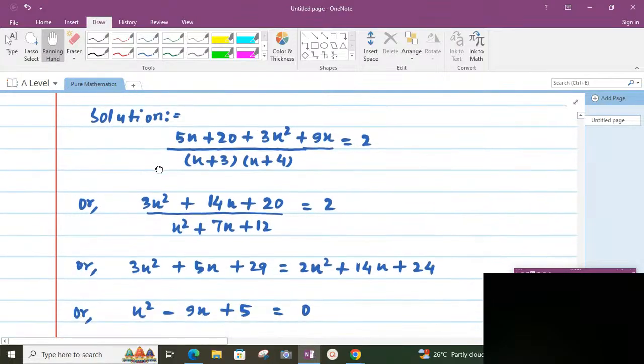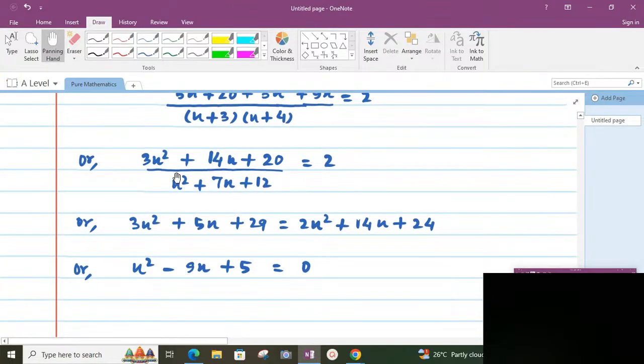So the next step here will be 3x square plus here will be 14x plus 20 equal to 2x square plus 14x plus 24.